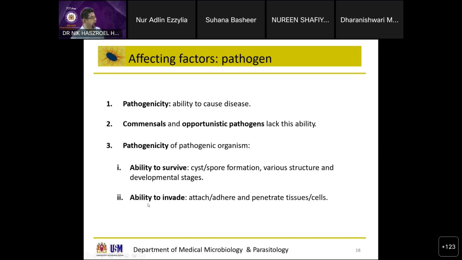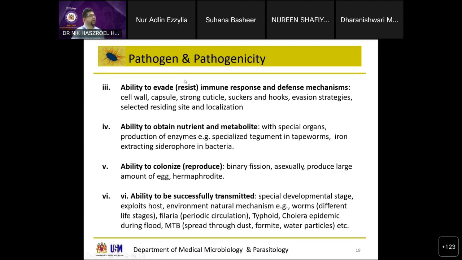And also whether they have the ability to invade, attach, adhere and penetrate the tissue cells. All these are factors which affect the pathogen. Next is the ability to evade or resist immune response and defense mechanism.